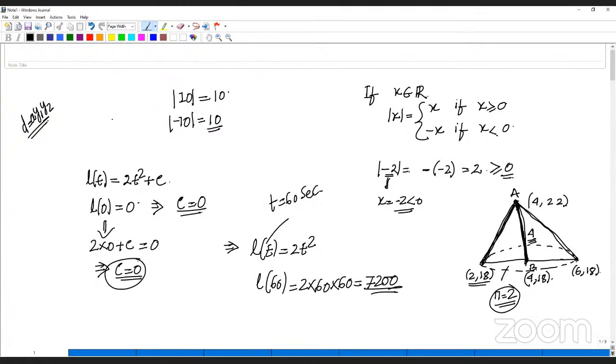Yes, sir. The question is, let M and N be the sets of values of m and small n respectively, such that both equations always have two real distinct roots each. Then find the sets M and N. Correct? Yes, the set of m is minus infinity to minus 4 and plus 4 to plus infinity.